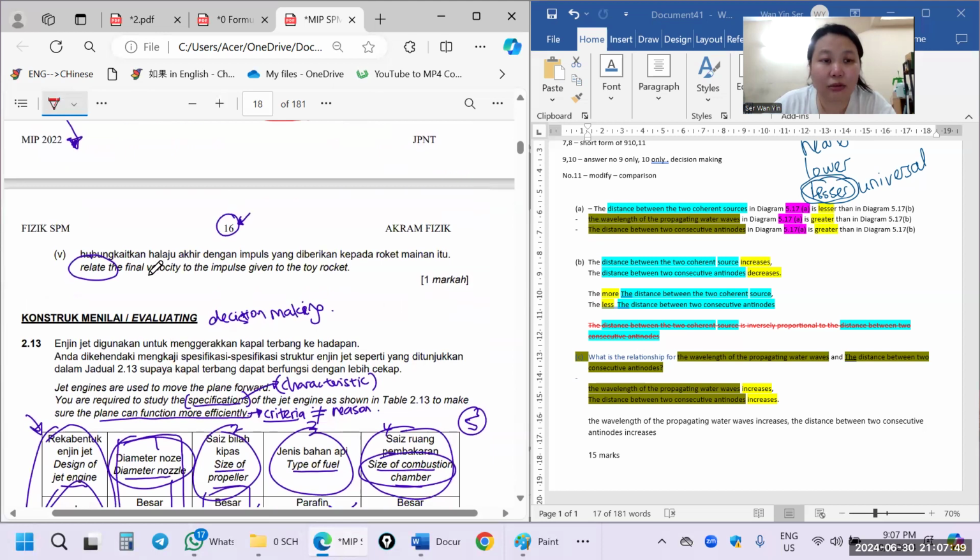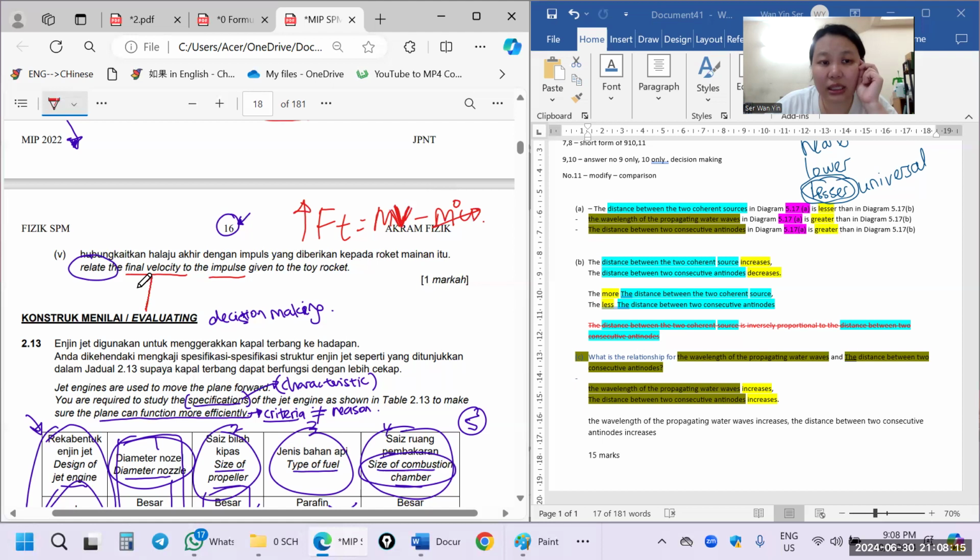Okay, then now final velocity to the impulse. So Ft equals, you can relate it by using the formula. In the beginning it is 0. So if final velocity is higher, then higher impulse also. Sorry, not impulsive force, higher impulse.